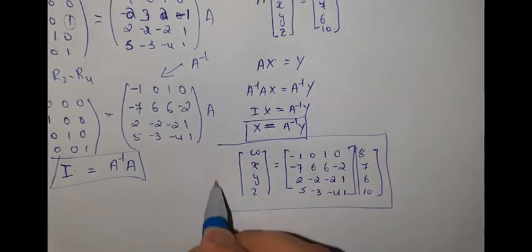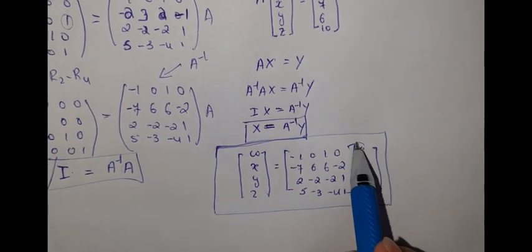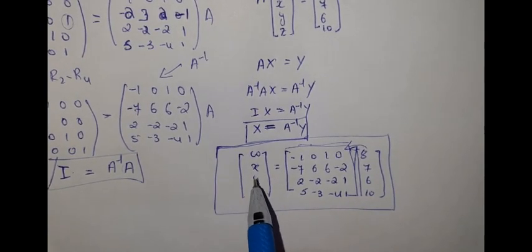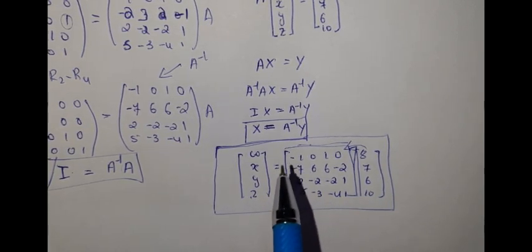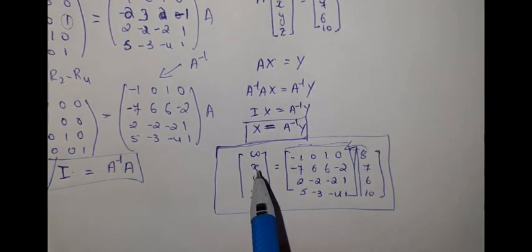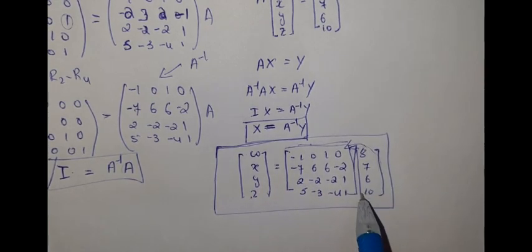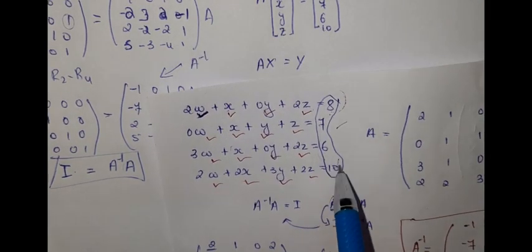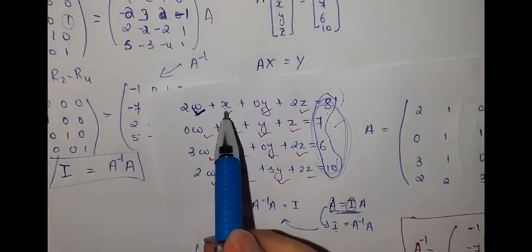This is the application of matrices. When we multiply these two matrices, we will get the value of w x y z. And a very important thing is, our goal is not only to get the value of w x y z, but whichever values we change here, 8 7 6 10, that is the equations, whatever value you change, you can easily get the value of w x y z.